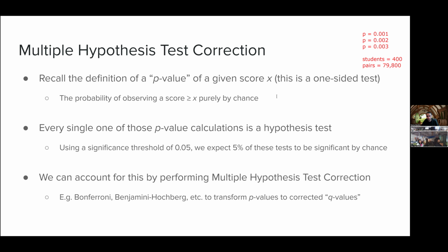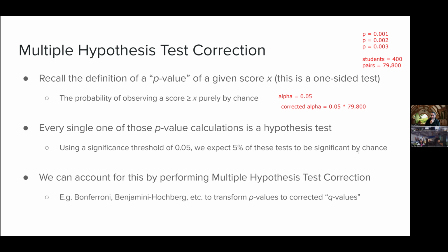So instead of having, let's say, 0.05 as my significance cutoff, Bonferroni correction would say: take my previous significance cutoff and multiply it by how many hypothesis tests I did. So either 79,800 if I did every single possible p-value calculation, or if I only did the top 50 or something like that, multiplied by 50.